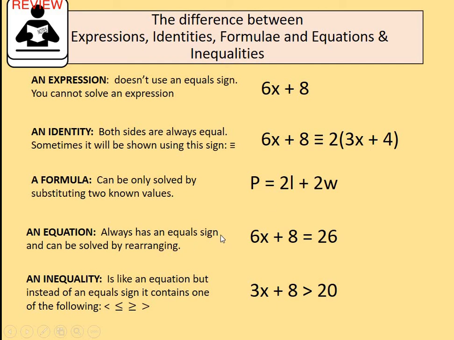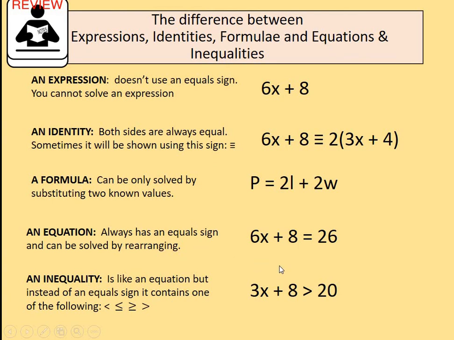An equation has letters and numbers and can be solved by rearranging. So we've done some practice on this. This says that 6 lots of x, so 6 times something we don't know the value of, plus 8 equals 26. So I could use that information to solve that to find the value of x.